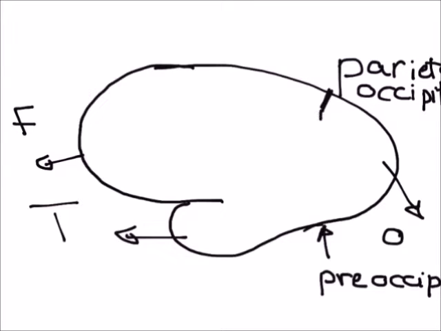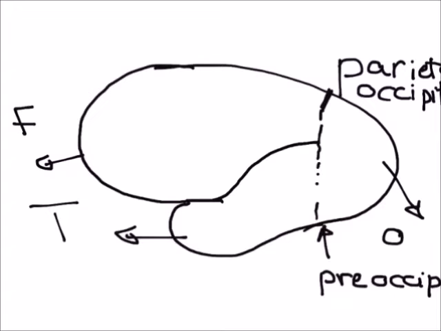If we draw an imaginary line between the pre-occipital notch and the parietal occipital fissure, and here we have the lateral fissure of the brain, if we meet the lateral fissure with the imaginary line, we now have drawn the four lobes of the brain.